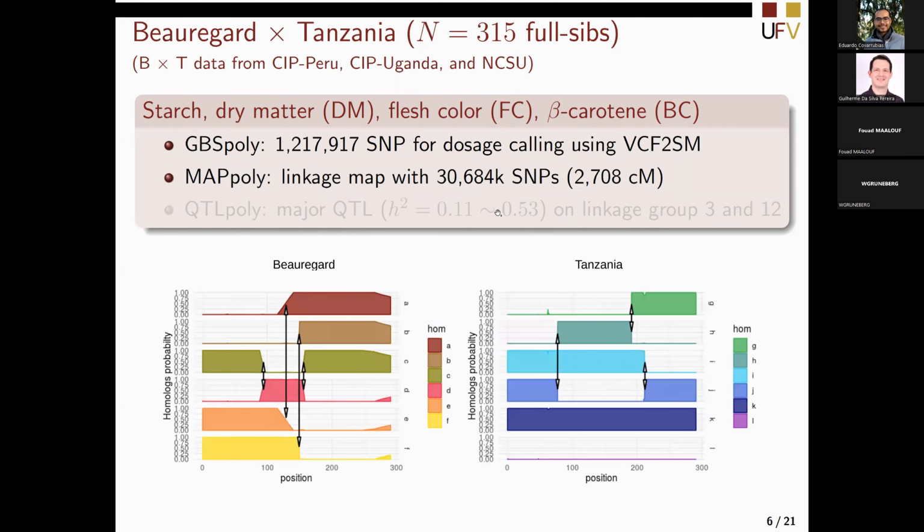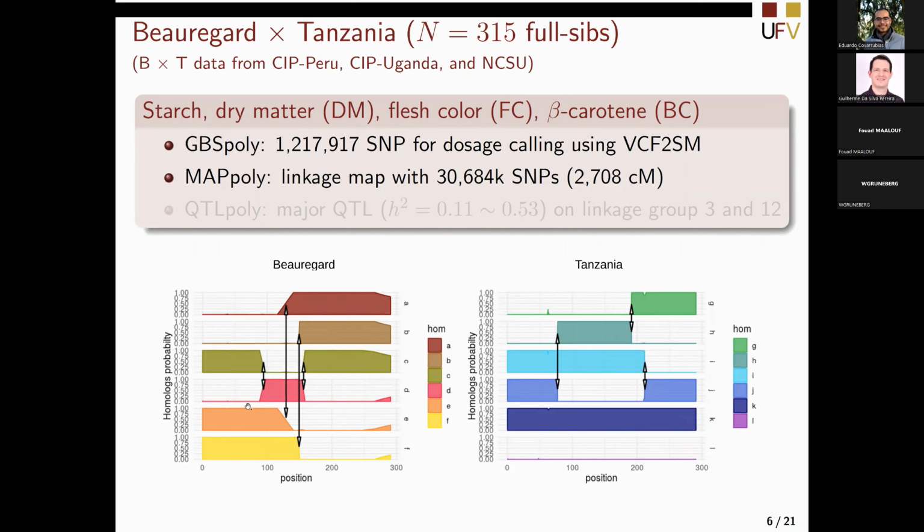So we ended up with 30K SNPs mapped into a fully integrated linkage map, meaning that we estimate jointly the recombination frequencies of individuals in the two parents at the same time, right? Instead of having two separate maps.